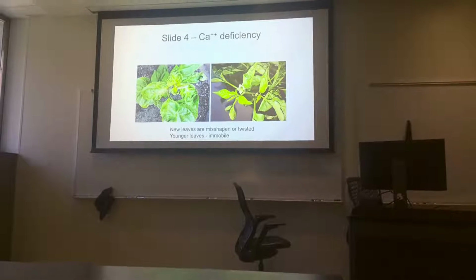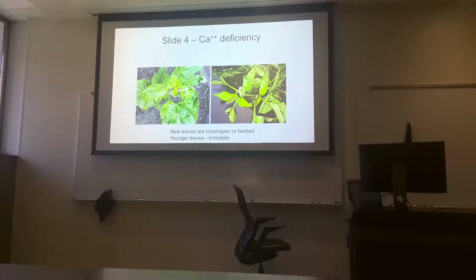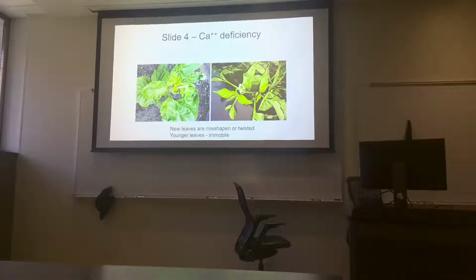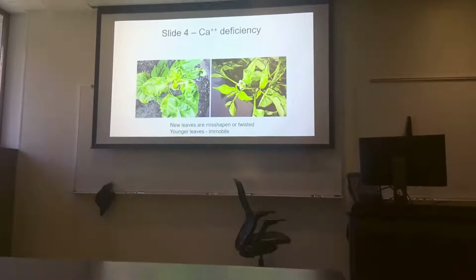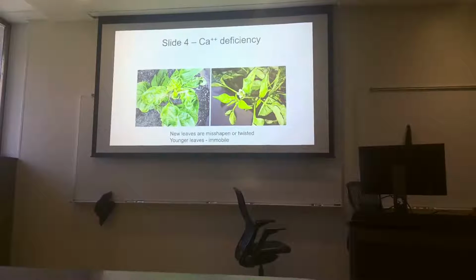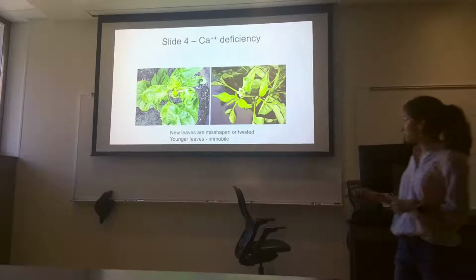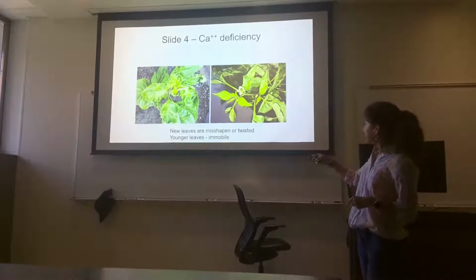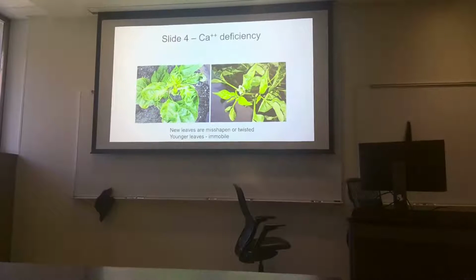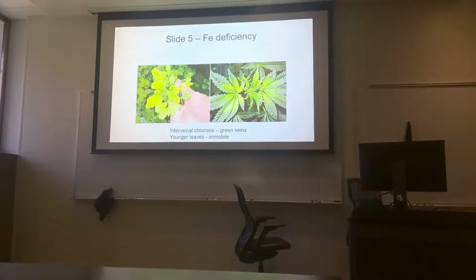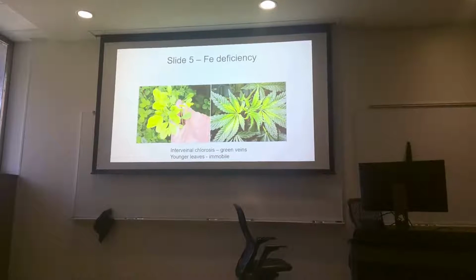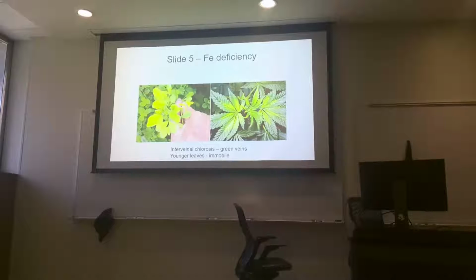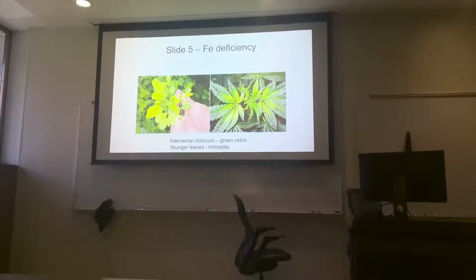Calcium deficiency, again, calcium is one of those that is kind of easy to spot because of the misshapen leaves. There's no counterpart, so calcium cannot be moved through the phloem, cannot be translocated, so younger leaves in this case are the ones with that defect. 5 is going to be iron deficiency, so the interveinal chlorosis, hard to see here, but the veins are all green.